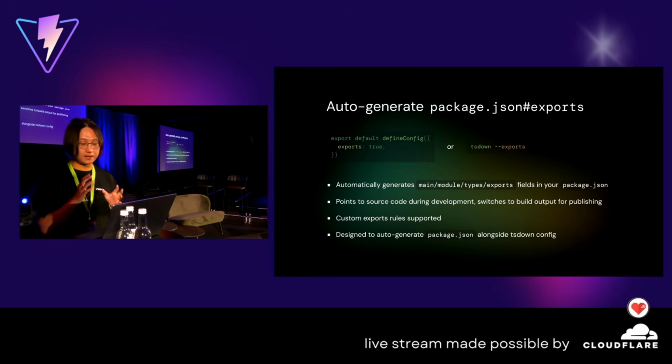And when you're publishing, they will automatically switch to the bundled output, like under the dist folder. So of course, if you have more complex requirements, you can always customize the export rules. The design concept of tsdown is to let package.json be automatically generated along with the configuration of tsdown.